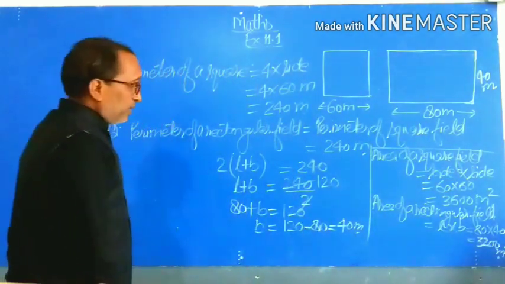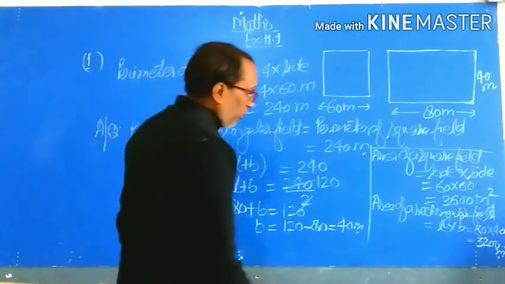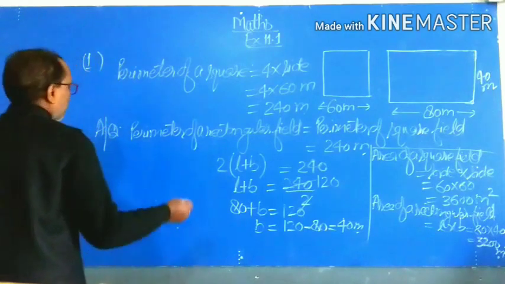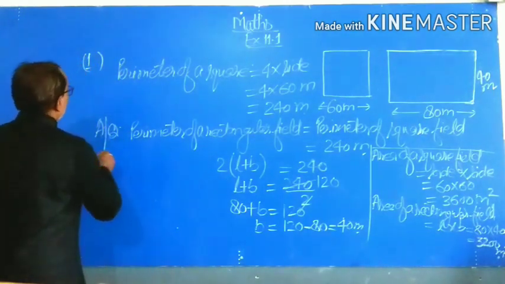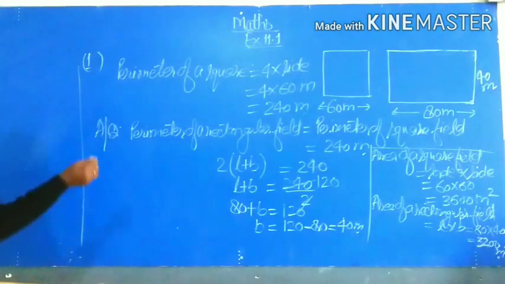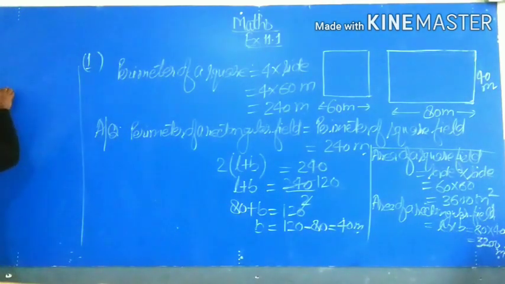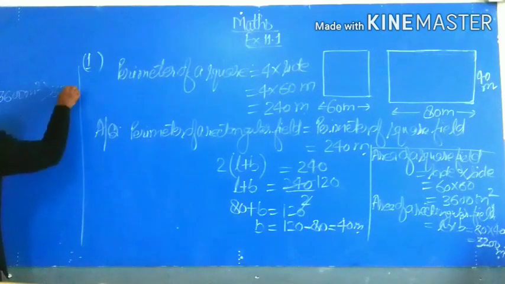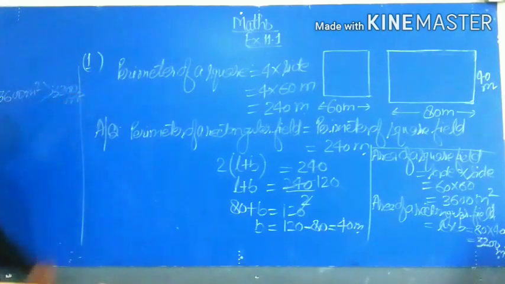Then you compare which area is greater, larger. You compare here: 3600 meter square is greater than 3200 meter square.